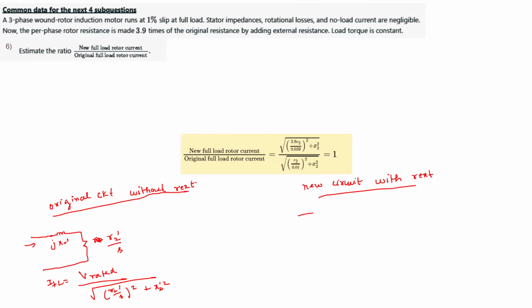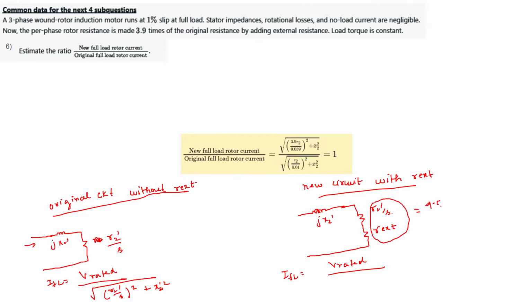Now what about the new circuit? So I full load is V rated. Now remember R2 dash by S plus R external is such that it is 3.9 times R2 dash by S. This is what is given in the question.